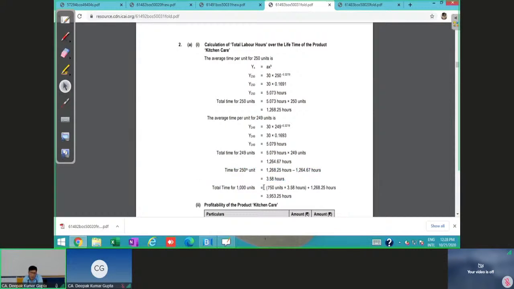Total time required for 1000 units is: total time required for 250 units is 1268.25 hours, and time required for the balance 750 units is 750 units multiplied by 3.58 hours.